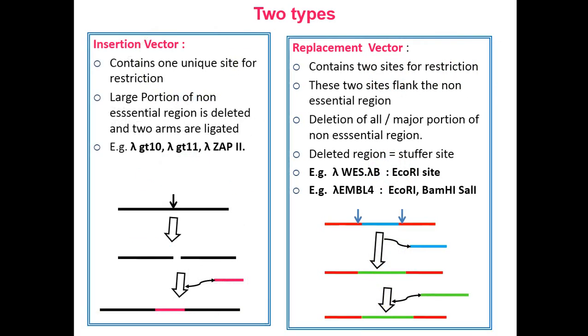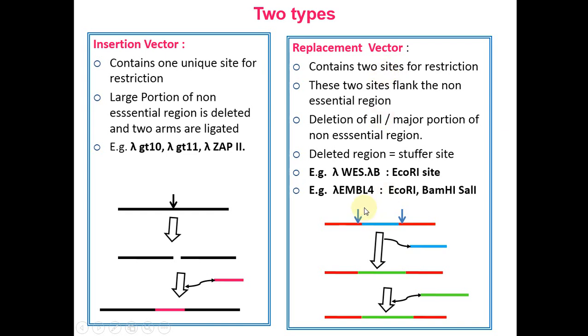So there are two types of phage vectors. One is the insertional vector, another one is the replacement vector. Insertional vector contains only one unique site for restriction, a large portion of the non-essential region is deleted, and the two arms are ligated together.